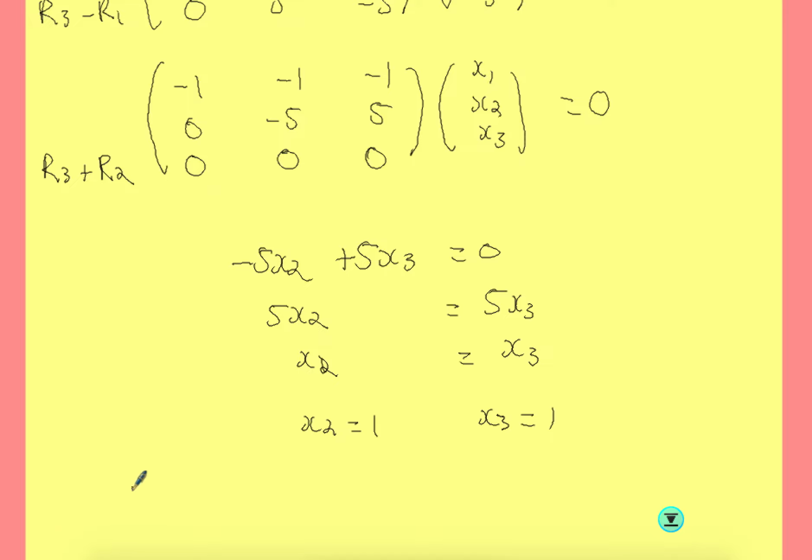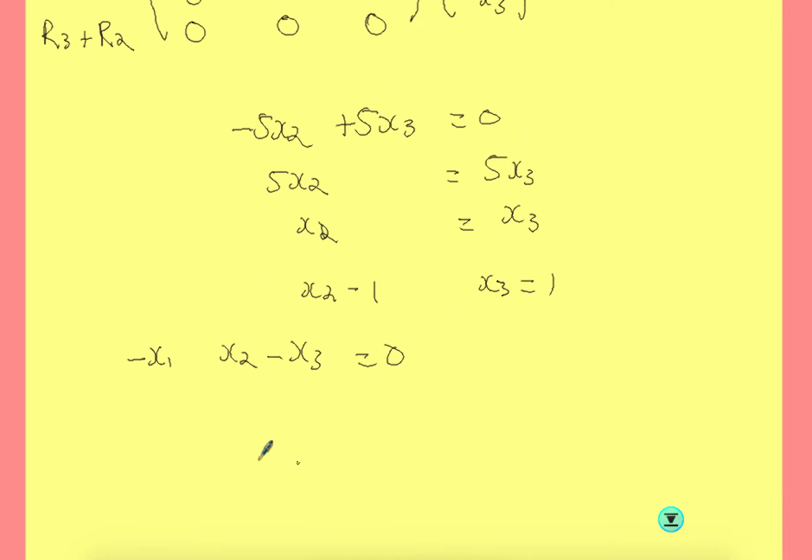Right then, that top equation, -x1 take away x2 take away x3 is equal to 0. So I'm just going to substitute in those 2 values. So that's -x1 take away 1 take away 1 is equal to 0. So -x1 take away 2 equals 0.